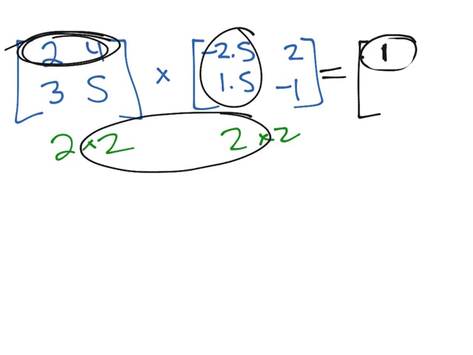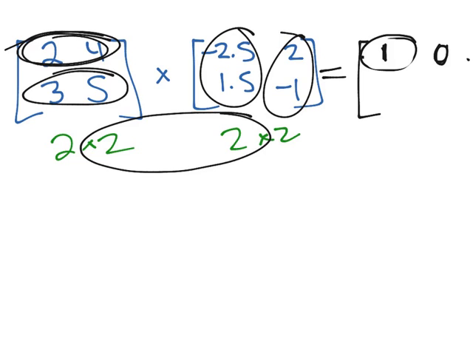Next, still first row, second column, 2 times 2 is equal to 4, plus 4 times negative 1, that is equal to negative 4, and so 4 minus 4 is equal to 0, so we will replace that with a 0 right here.